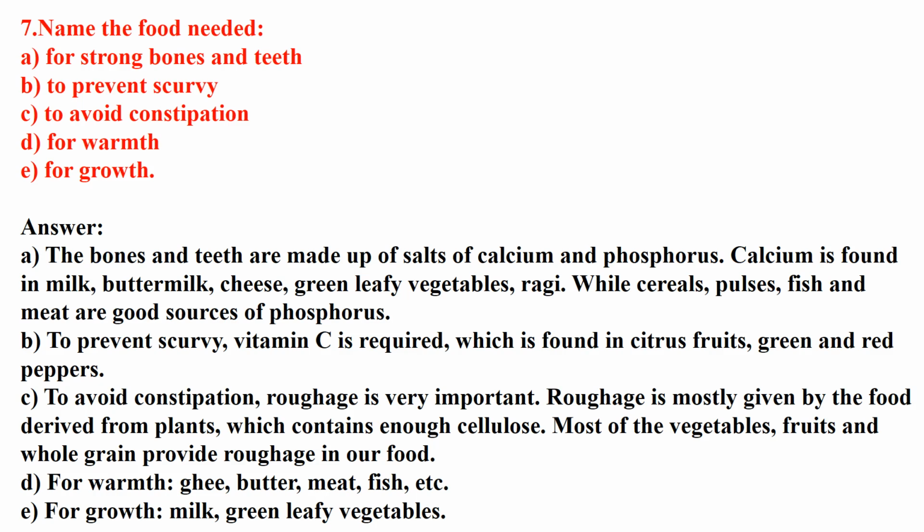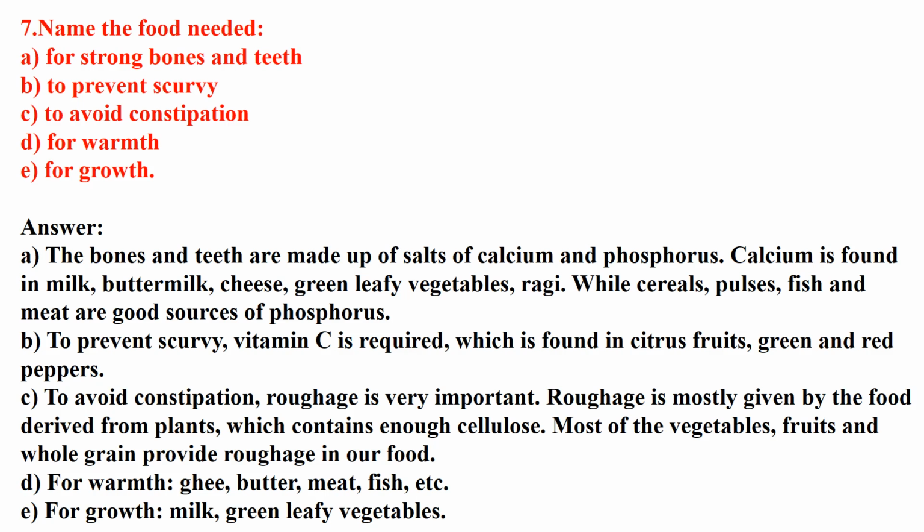Okay, and next, to avoid constipation, roughage is very important, as roughage is mainly made up of fibers, and roughage is mostly given by the food derived from plants, which contains enough cellulose. Most of the vegetables, fruits, whole grains provide roughage in our food.